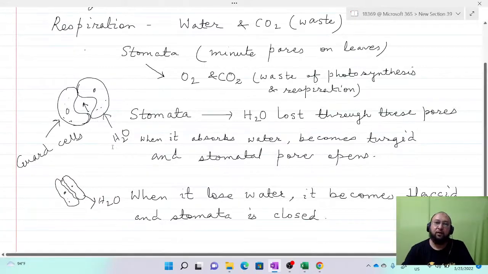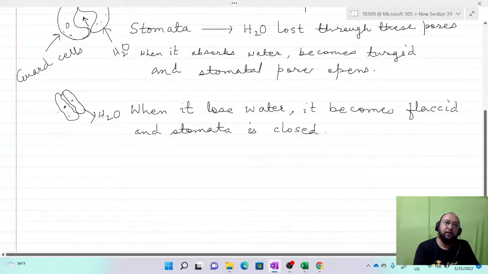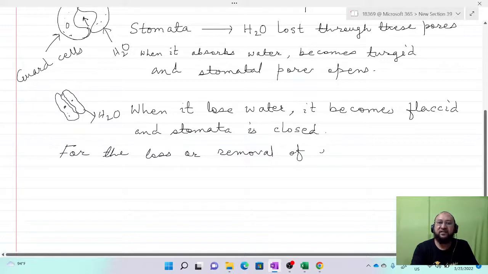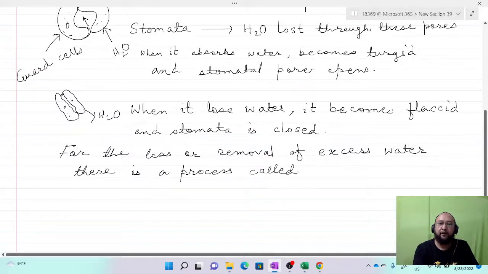Okay, so another point that you note down is, for the loss or removal of excess water there is a process called transpiration.